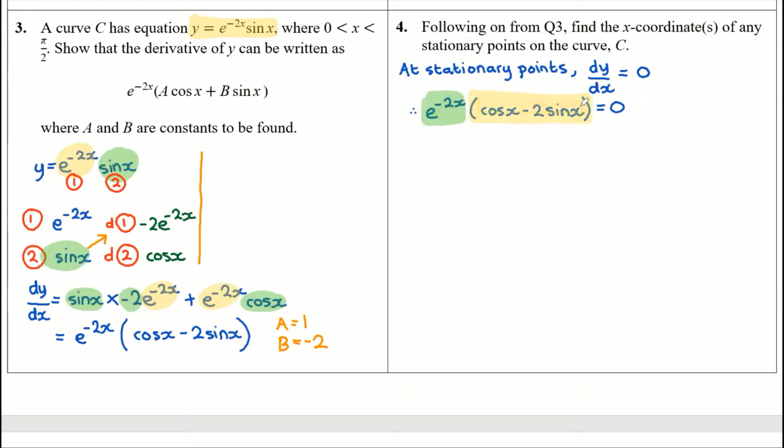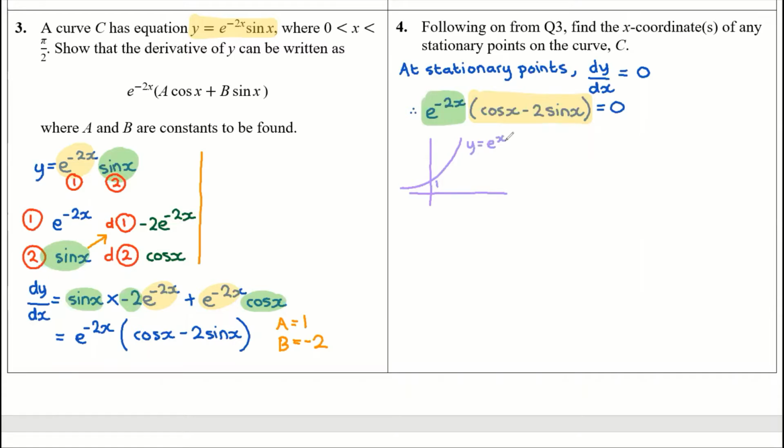Now, this is where your knowledge of functions comes in. What do we know about e to the negative 2x? Well, I'm just going to do a little aside here and sketch the graph really quickly. This is a graph of y equals e to the x.